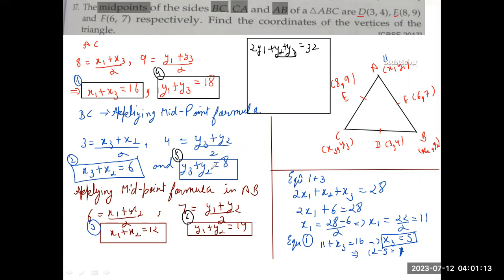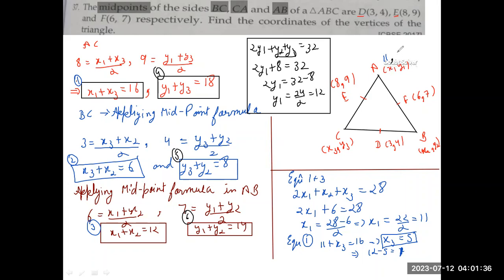And y2 plus y3 from equation 5 I can substitute as 8. So 2y1 plus 8 equals 32. So 2y1 is 32 minus 8, or y1 is 24 by 2, or 12.